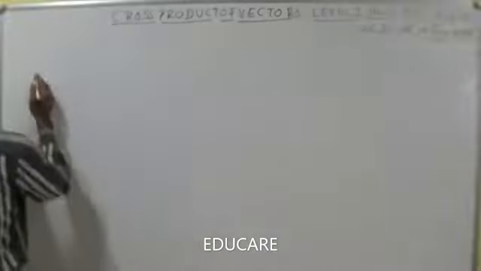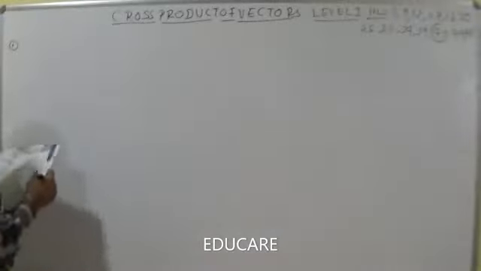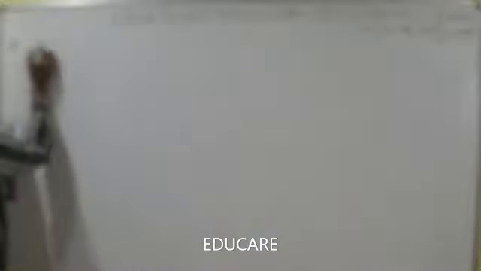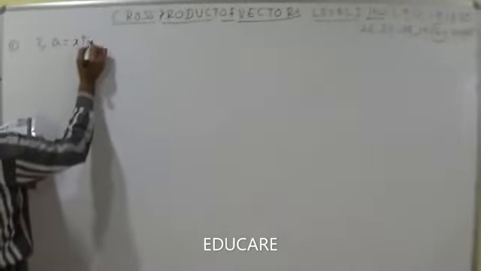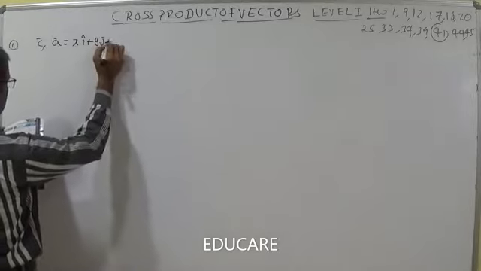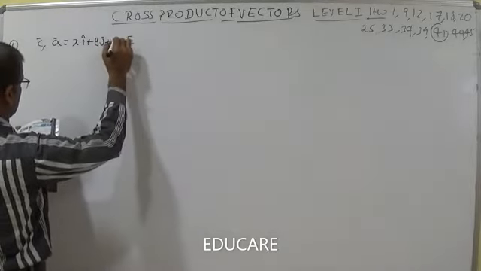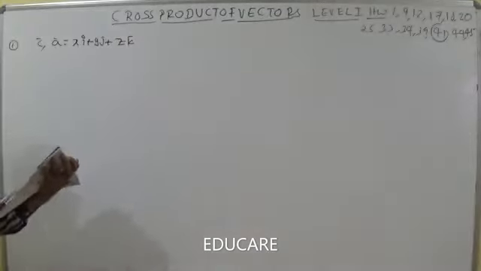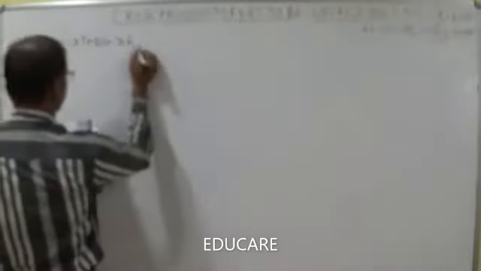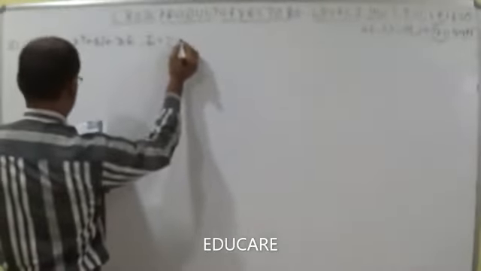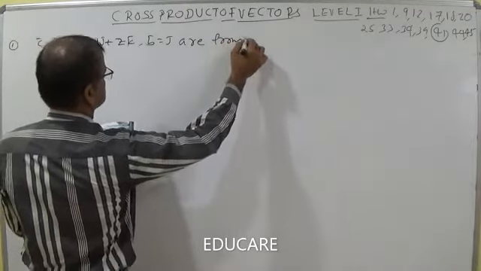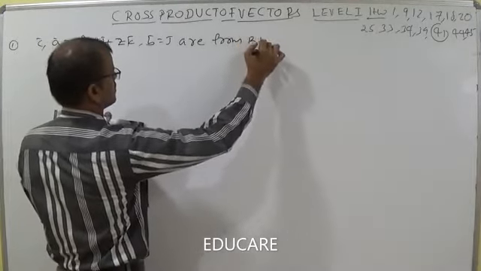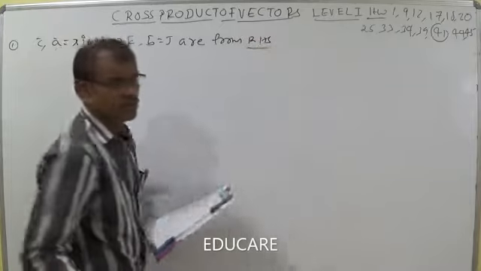So let us discuss the first question. If the vector C bar, A bar is equal to xi bar plus yj bar plus zk bar, and B bar is equal to J bar, forms RHS. RHS means right-handed system.